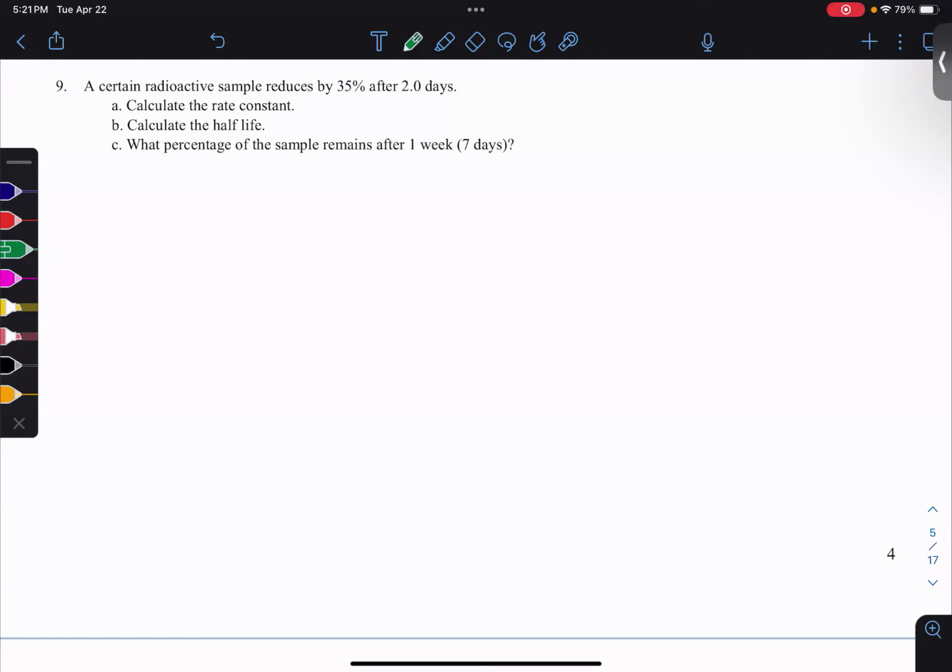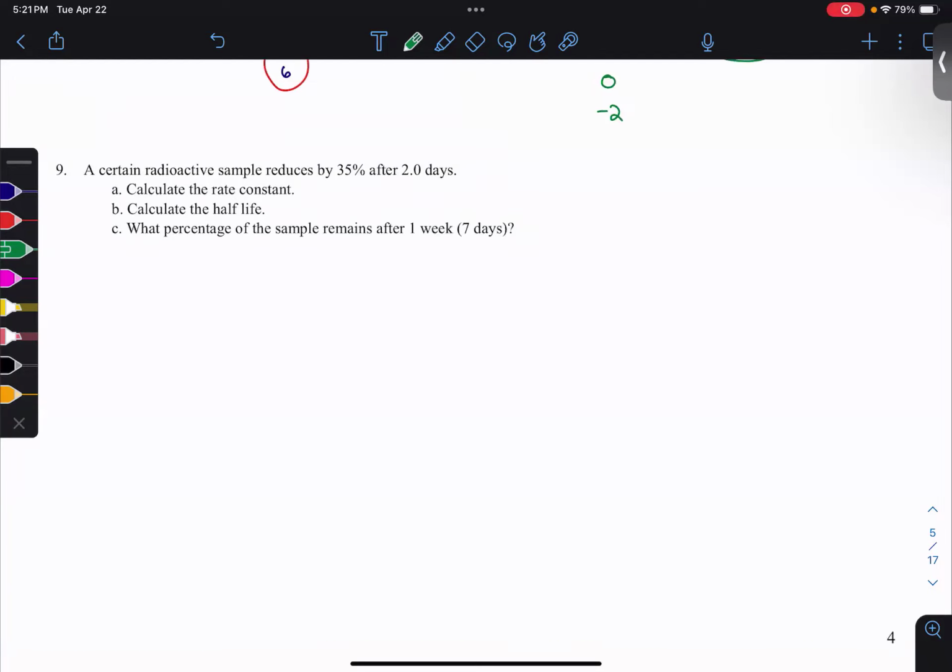So it's all about reading comprehension. But what's the one thing you need to know about nuclear reactions? They all follow what kind of kinetics? First order. So the equations we care about are the natural log ones, all right? And then our half-life equation, which is natural log of 2 over rate constant.